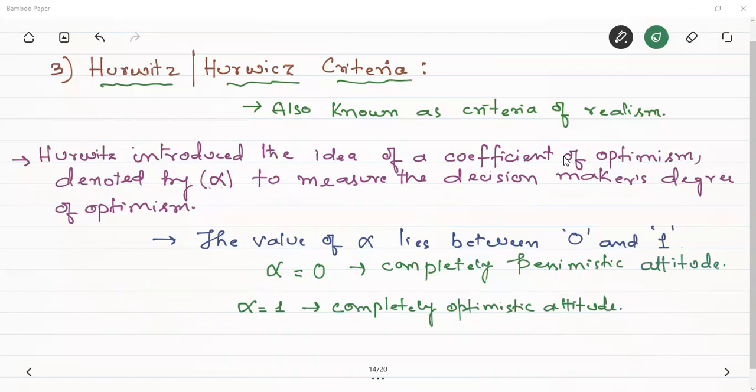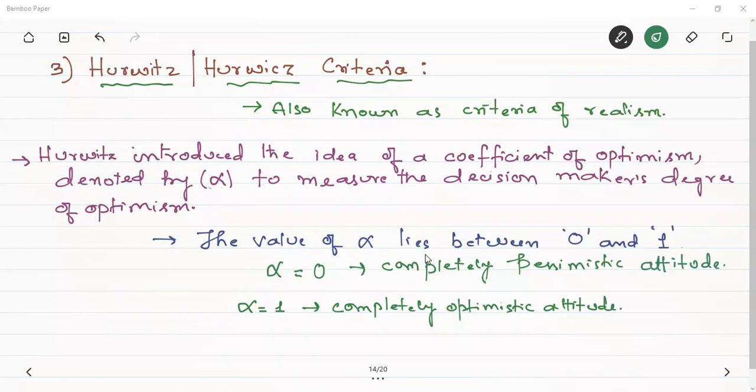On the contrary, alpha will be 1, that is, the coefficient of optimism is 1, that defines the completely optimistic attitude of the decision maker. So alpha equal to 0 corresponds to the pessimism criteria, and alpha equal to 1 corresponds to the completely optimistic criteria, those which we had seen in the previous lecture.